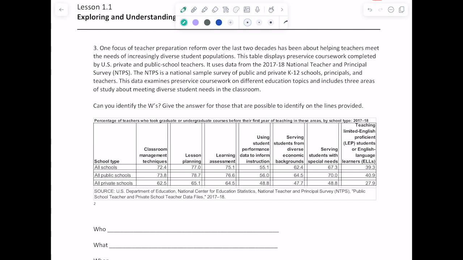It's a national sample survey of public and private K-12 schools, principals, and teachers. This data examines pre-service coursework on different education topics and includes 3 areas of study about meeting diverse student needs in the classroom. So, can you identify the W's?